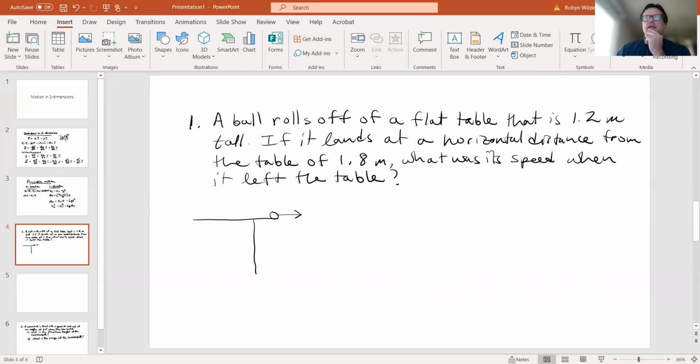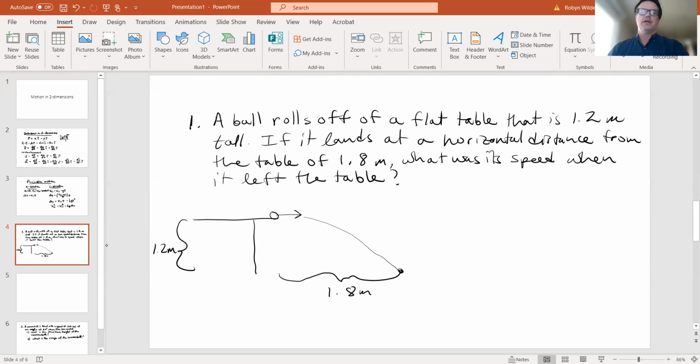And it tells us the dimensions of the table. The height of the table is 1.2 meters. And it tells us after it leaves the edge of the table, it travels a distance of 1.8 meters before hitting the ground over here. And the question is, knowing those measurements, what is the initial velocity that it left the table with?